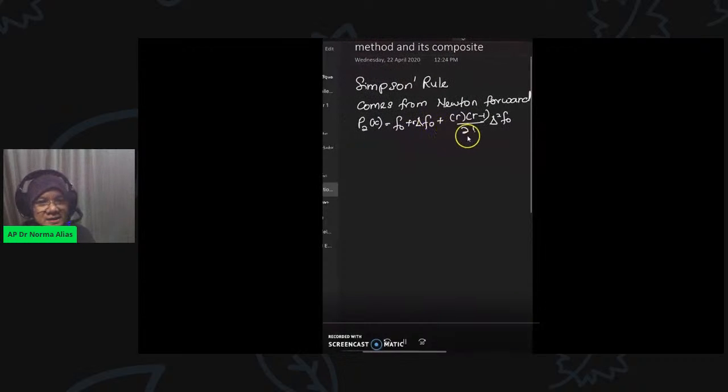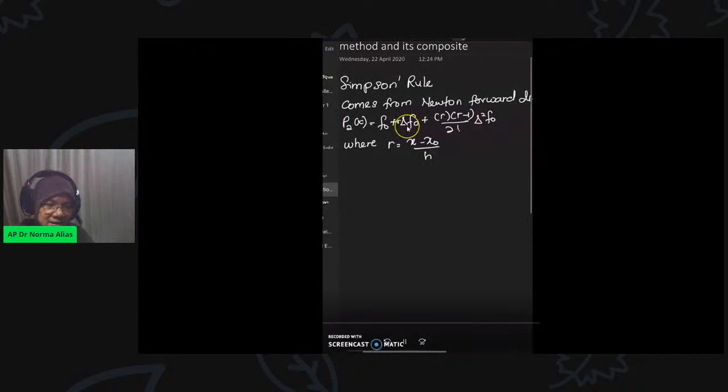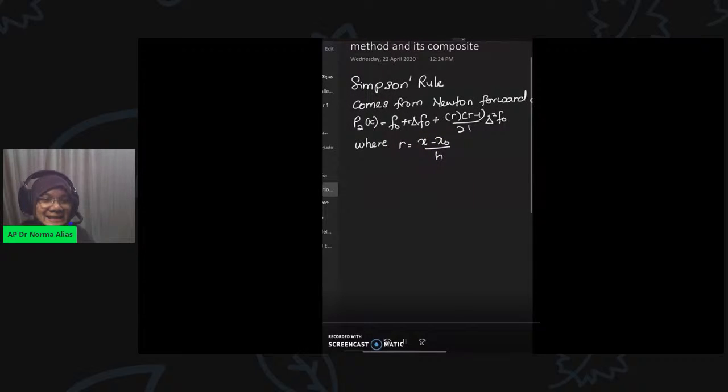This is a quadratic polynomial, the degree is power 2. So what is r? r is the number of steps to go from x0 to x. So r is x minus x0 divided by h. What is h? h is the size of the interval. What is x0? x0 is the initial data.